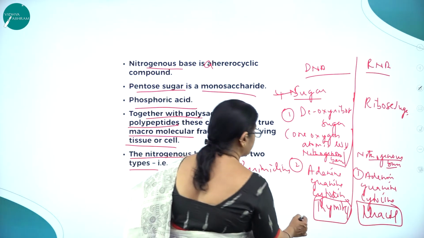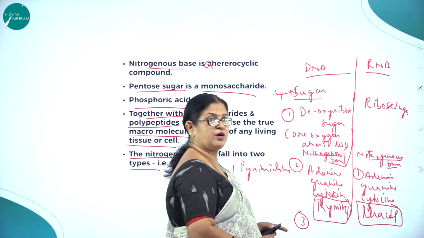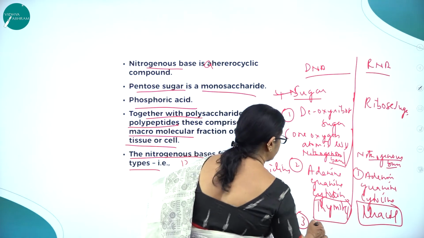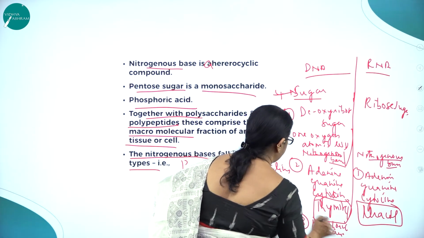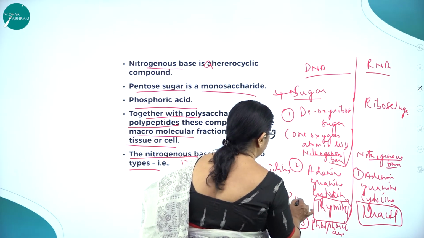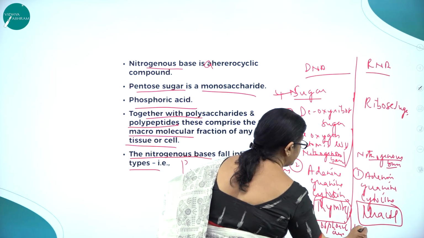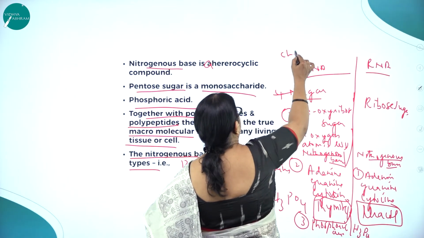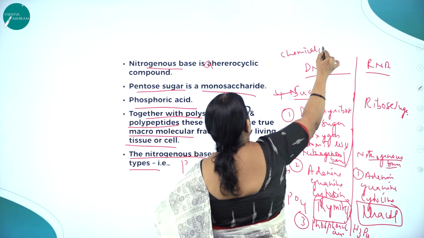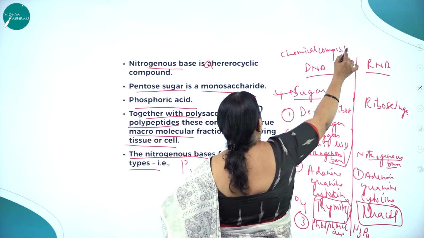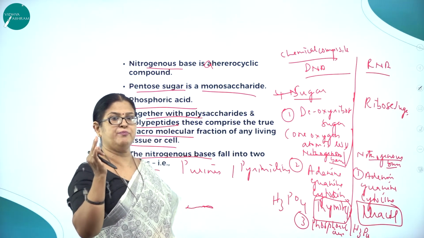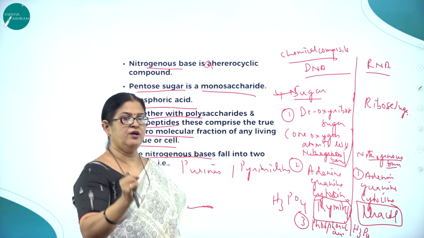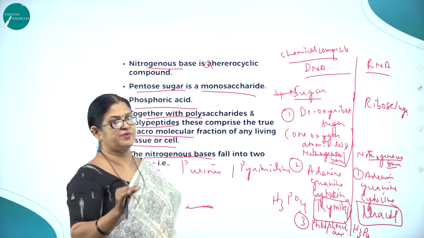Because we use the word acid for both, phosphoric acid, H3PO4, is present in both. So this is about the chemical composition. With respect to chemical composition, what are the 3 very important components? Sugar, 4 nitrogenous bases and phosphoric acid.